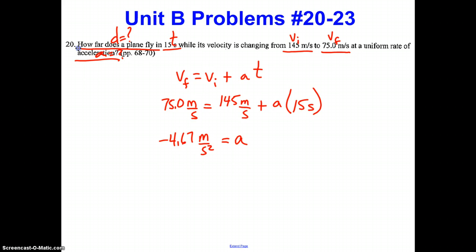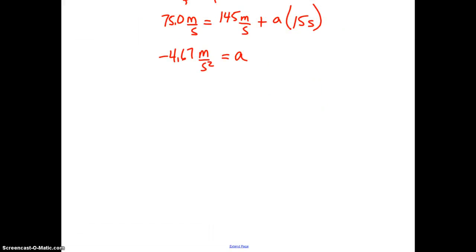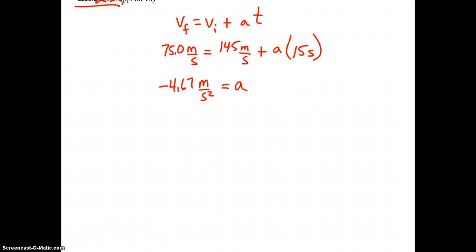We did not express that answer to 2 digits because this is not our final answer, and we only want our final answer to 2 digits, so we're going to hold off on that until we're done here. So we've got our acceleration.